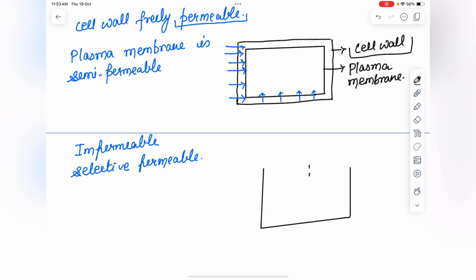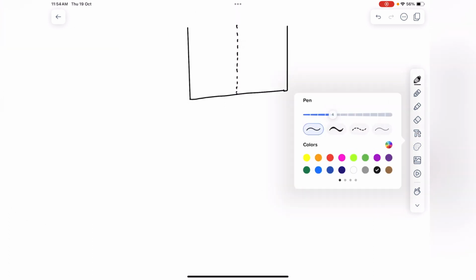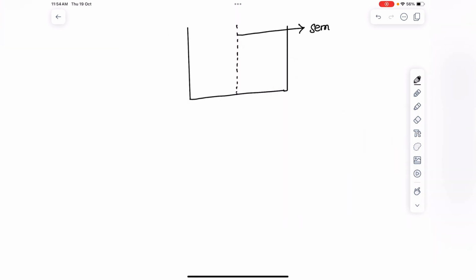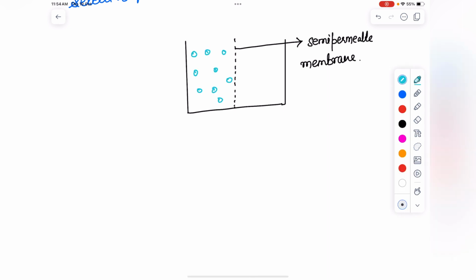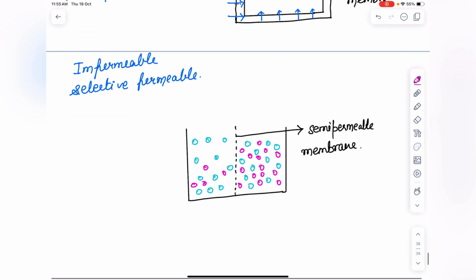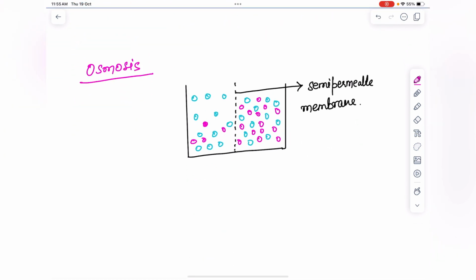If this is a semi-permeable membrane, and this side has the solute, here the water concentration is high, and this side it is low.